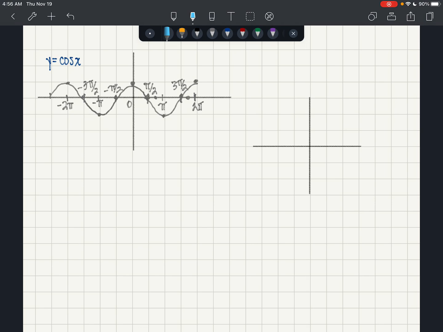Same thing here. We need to make sure that we get all of the range. So the range goes from -1 to +1. We want to include all the outputs, but we don't want the repeats. So we're going to take this part of the function right here.